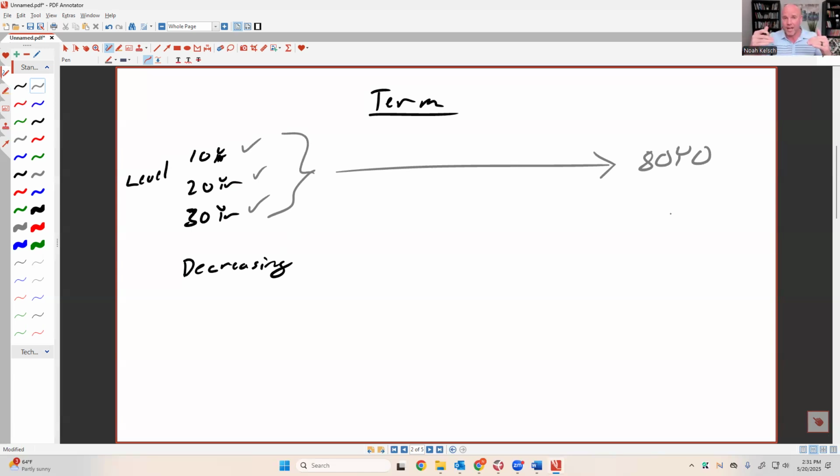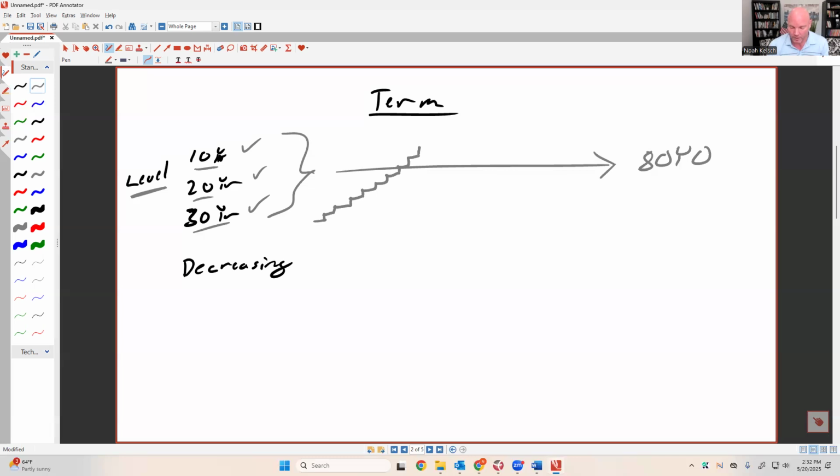What you actually have is a term policy with a level premium for 10 years or 20 years or 30 years or whatever the time frame is. And then it goes to an increasing term to 80 years old. So what that looks like is each year the cost increases over time.